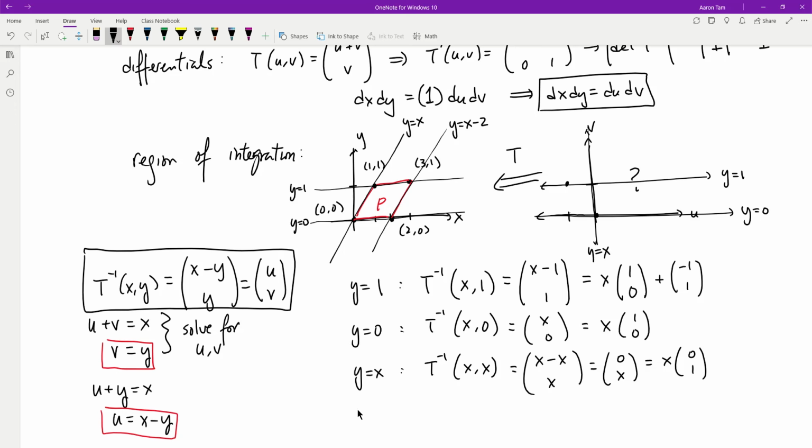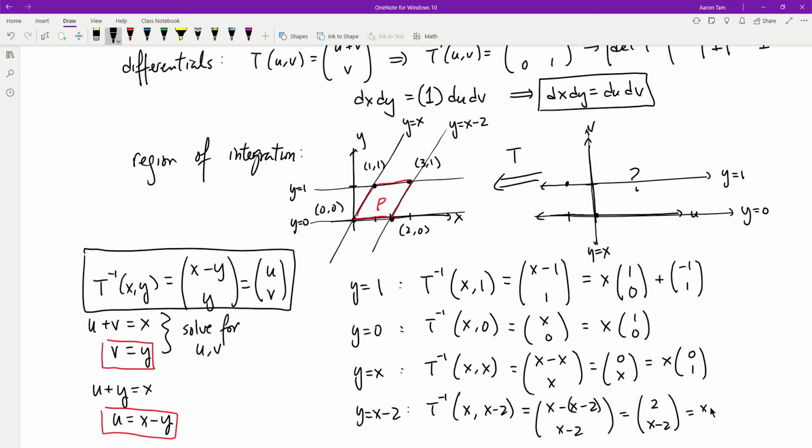And now let's do the last one, y equal to x minus 2. So that means that we're doing the transformation T inverse of x, y, which is x minus 2. So therefore it becomes x minus 2 and x minus 2. So notice how the x will subtract out and just leave you with a positive 2, x minus 2.